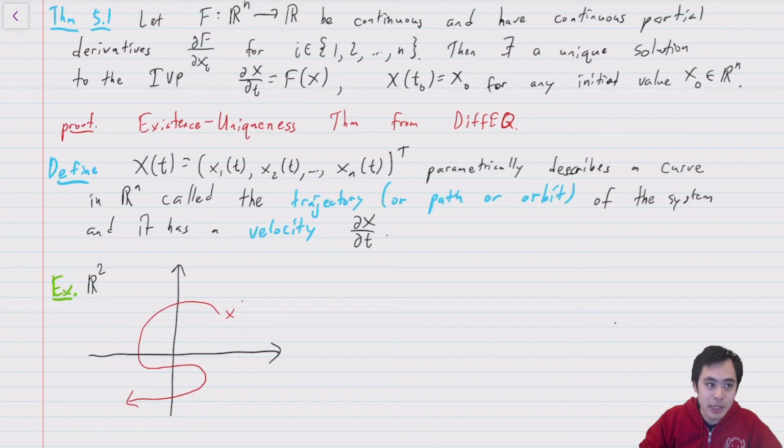Let's say this is x of t naught, maybe here this is x of t1, some other time, or maybe this is x of t2, yet another time. And we have some velocity, which is how quickly it's going in each of these directions. Obviously, the velocity changes as a function of time, or it can at least. So here we have x1, x2.